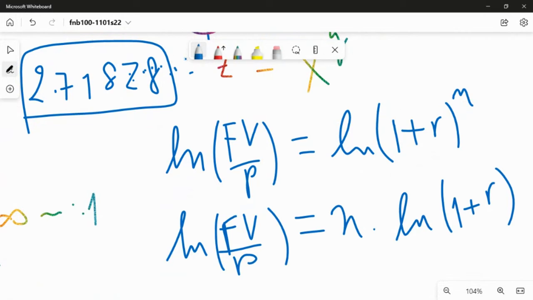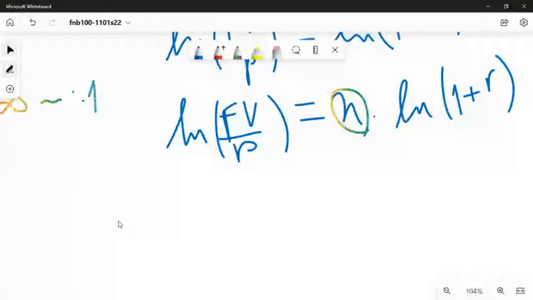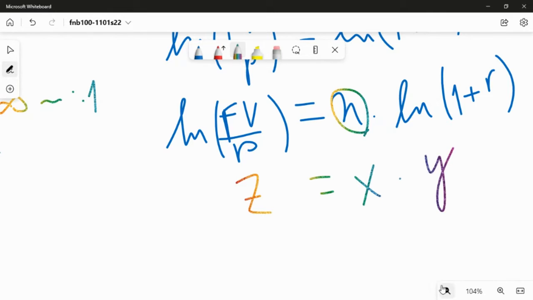Then we can solve for n now. Now it is a z equals x times y structure. So finding x, now you could divide by y. The z divided by y, that's going to be x.